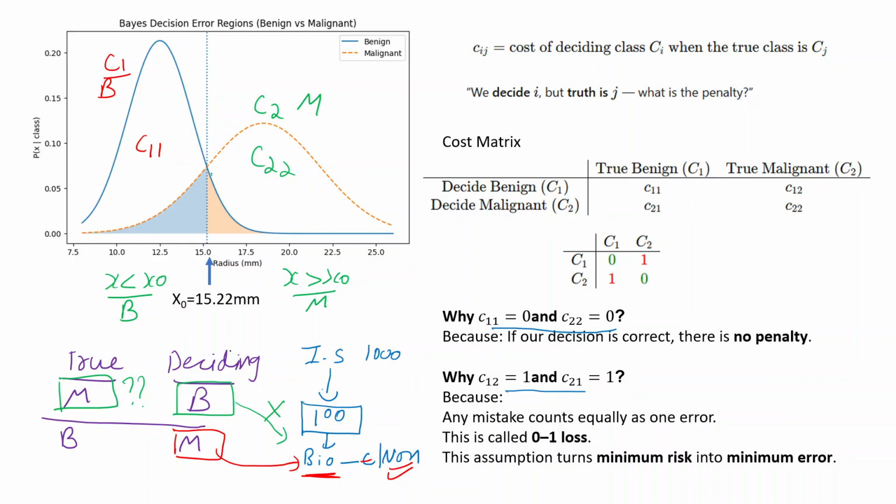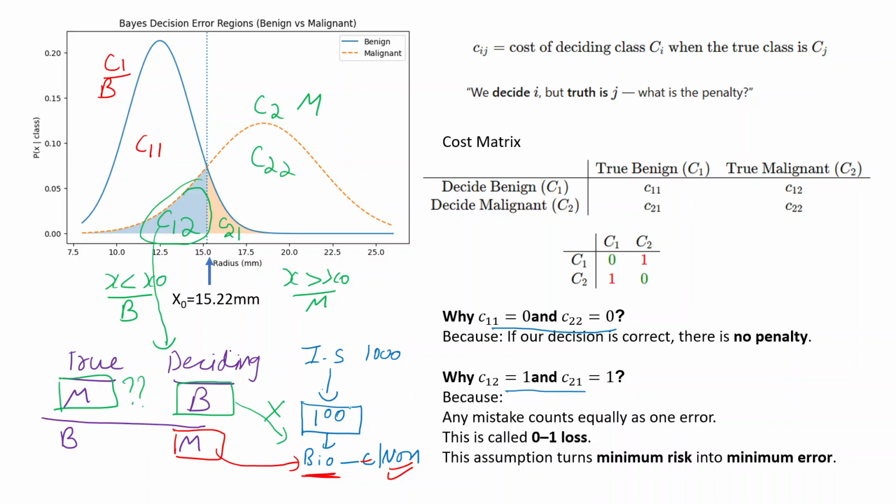Here, in this particular Gaussian distribution, we are deciding it as class 1, but it is actually class 2. That is C12, where we decide it as benign, but actually it is malignant. This error we should try to minimize as much as possible. On this side, we are deciding it as malignant, but it is actually benign.